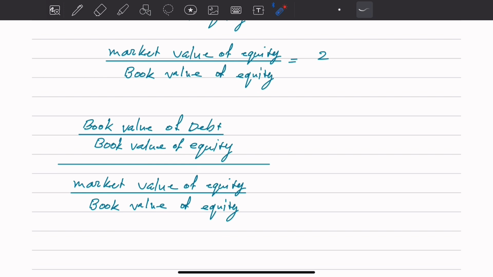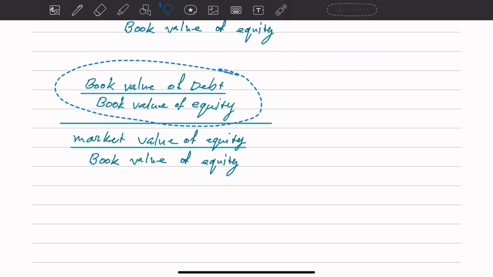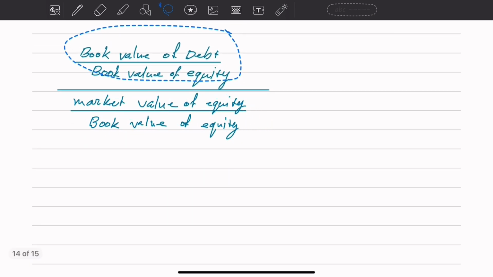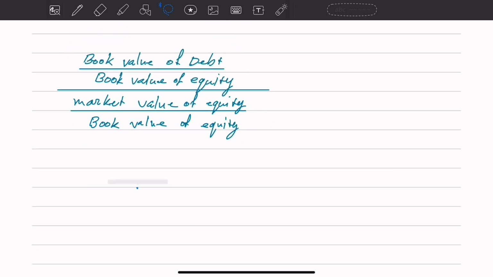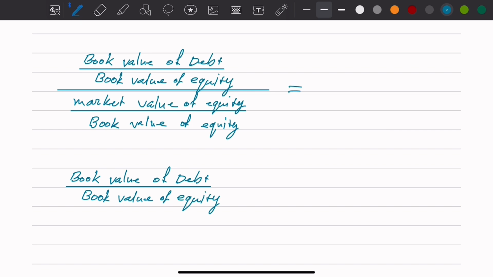So it will become like this, multiplied by the inverse.